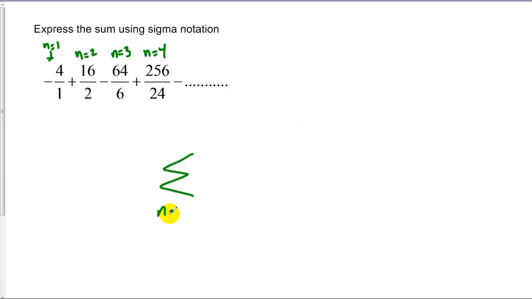I want to plug in 1 and go to infinity and get an nth term for this. So you'll notice on the top, these are powers of 4. 4 to the first, 4 to the second, 4 to the third, 4 to the fourth. So we have 4 to the n as my numerator.